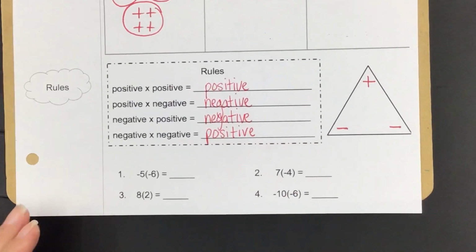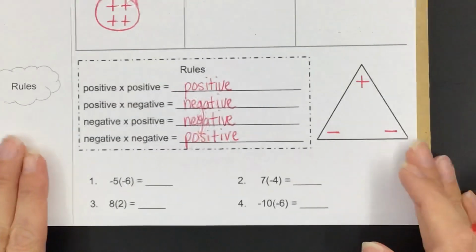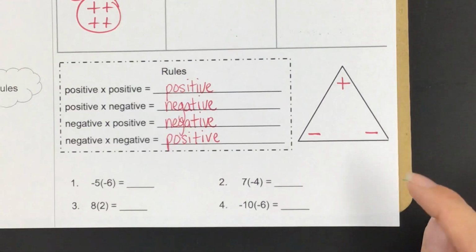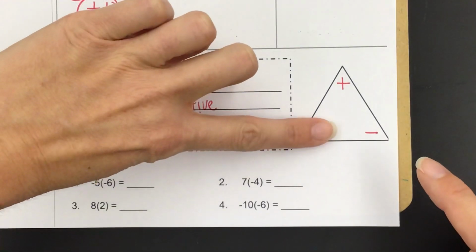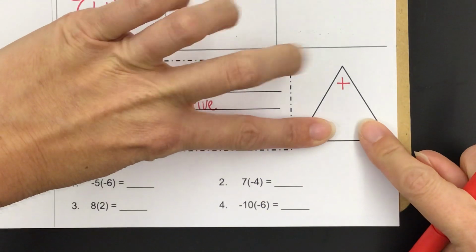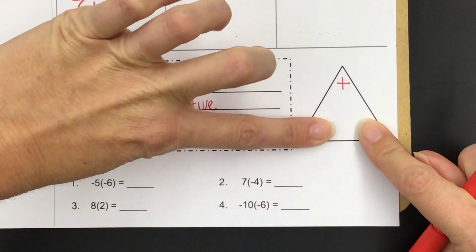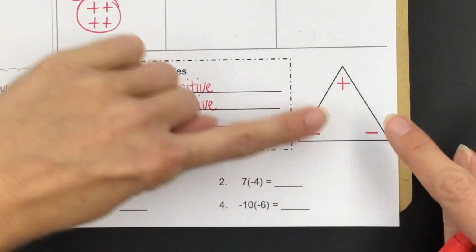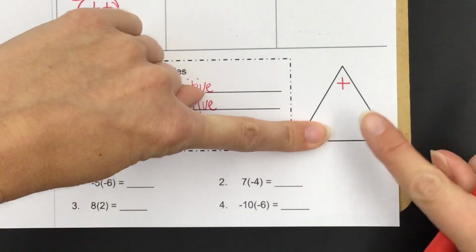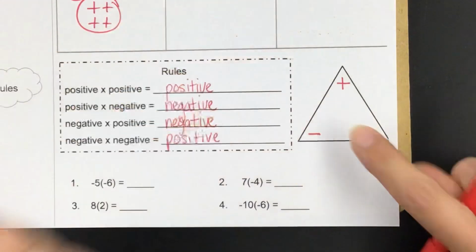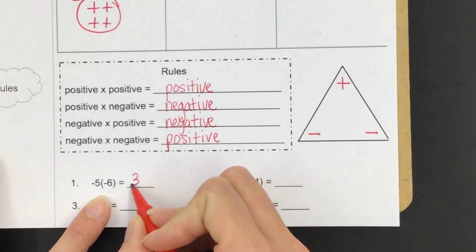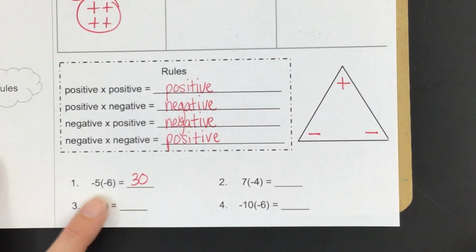Okay, that first one is a negative times a negative. So what I do is I use my fingers and I cover up two negatives, a negative times a negative, so the answer will be positive. So you cover up negative 5 times a negative 6, which means the answer will be positive. And then you just multiply regularly. This will be 30.